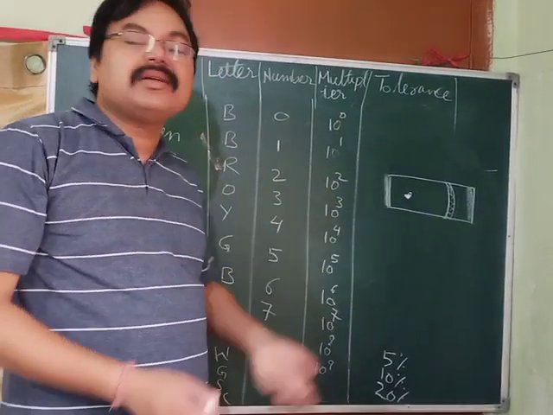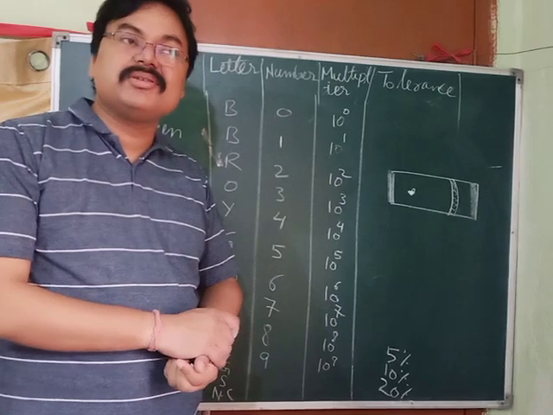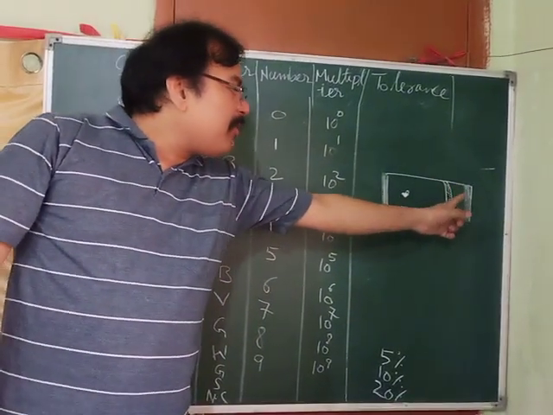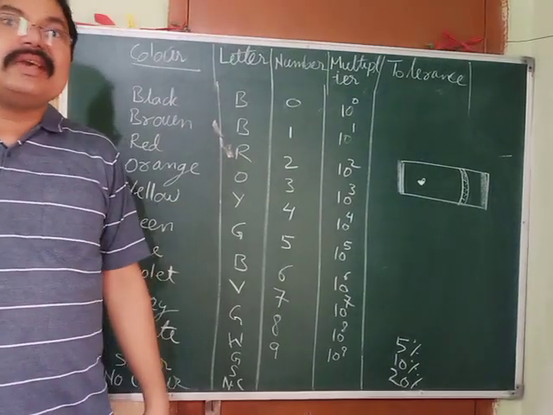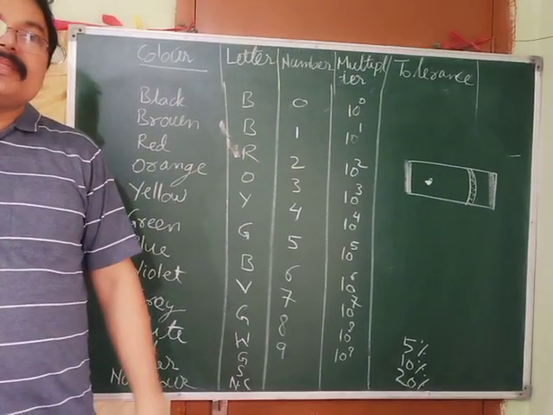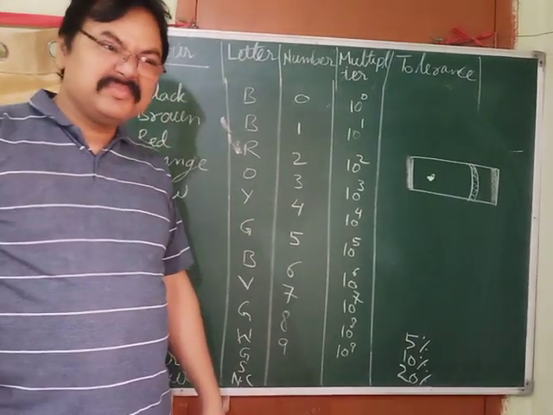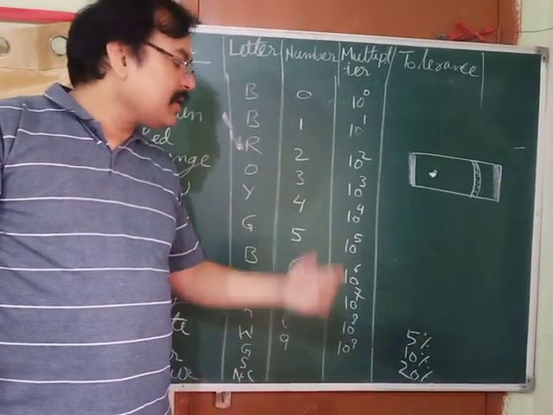Now how do we find the resistance of this carbon resistor? So first note down. The color of the body gives the first digit. Next line.